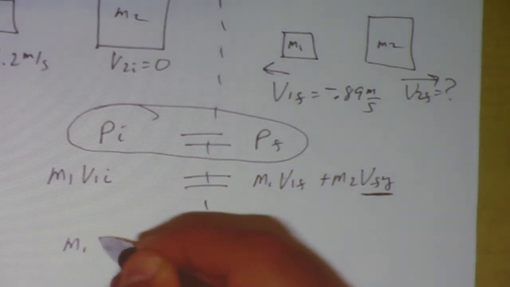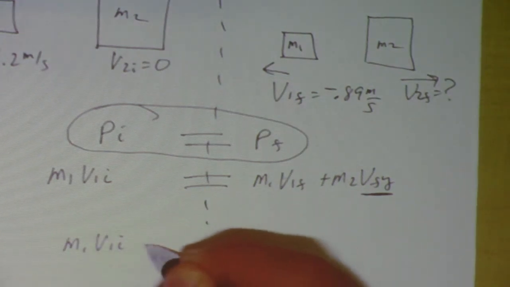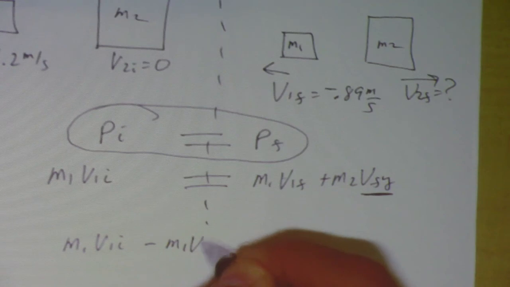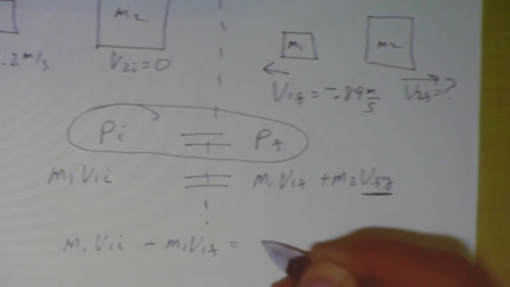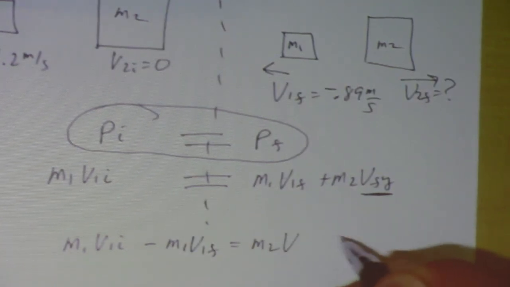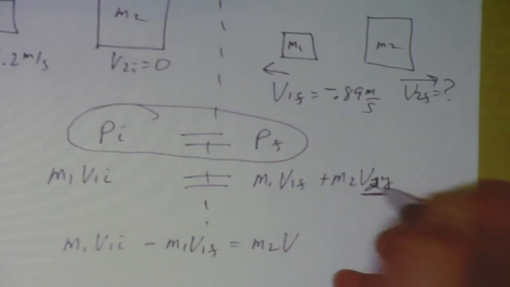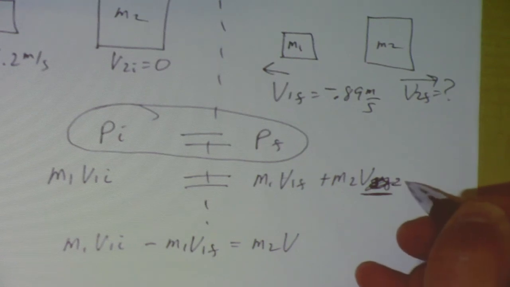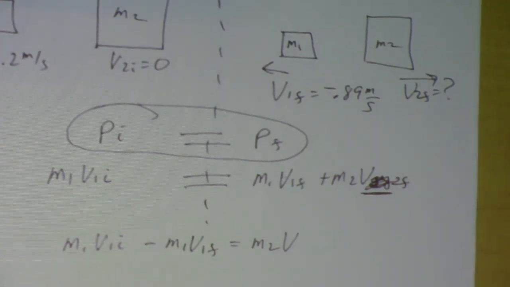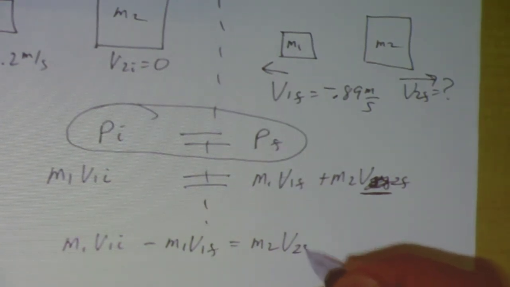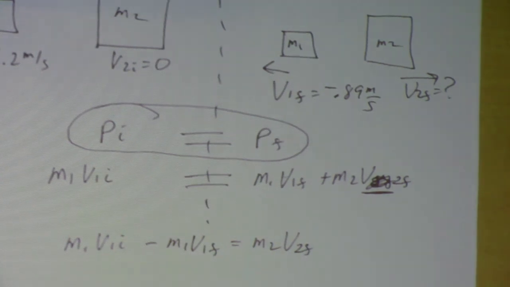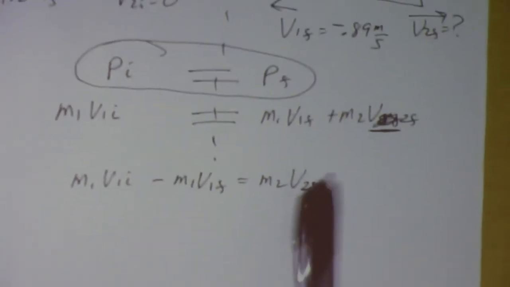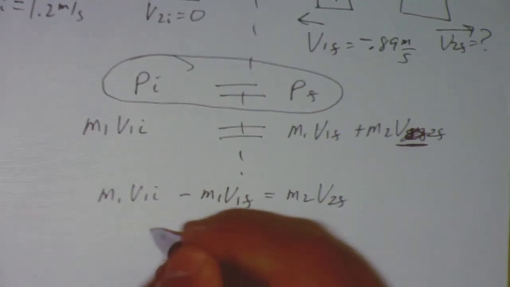Mass 1, velocity 1 initial, minus mass 1, velocity 1 final, is mass 2, velocity, whoops, there's a Y somehow got mixed in there. 2 final is what it should have said. I was grading tests and labs all day, so the Y direction's in my head. Okay, that's what I meant though. And then divide both sides by mass 2.